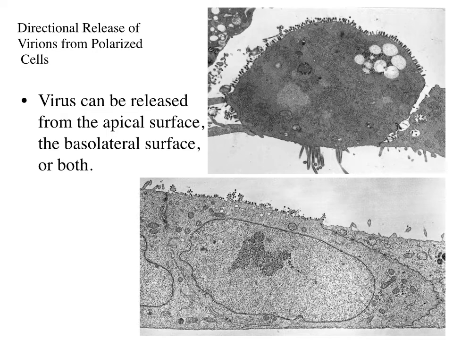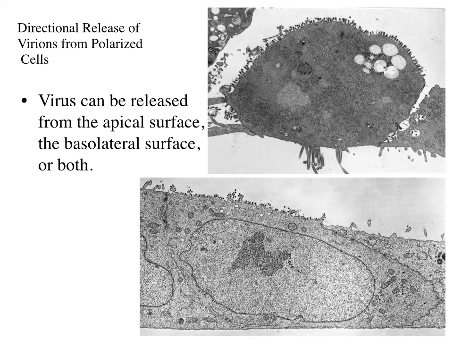Virus particles released from the basolateral surfaces of a polarized cell, that is the cell that's sitting on the basement membrane, now the virus will be moving away from the defenses of the luminal surface, and it's moving away from the surface where the virus entered.